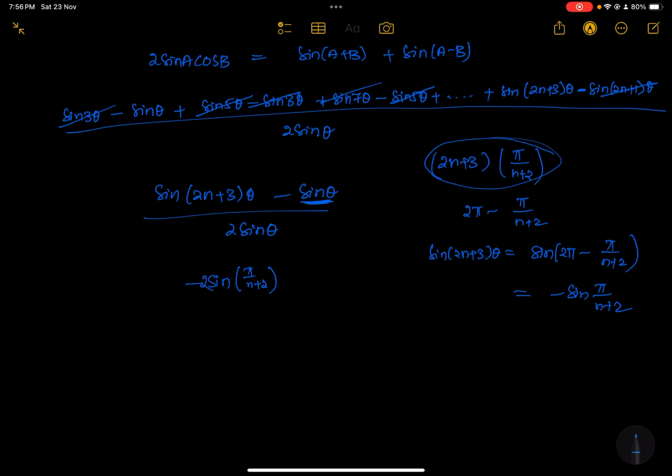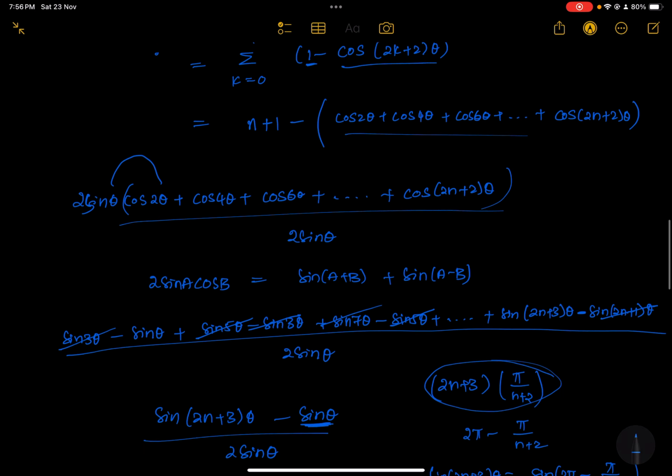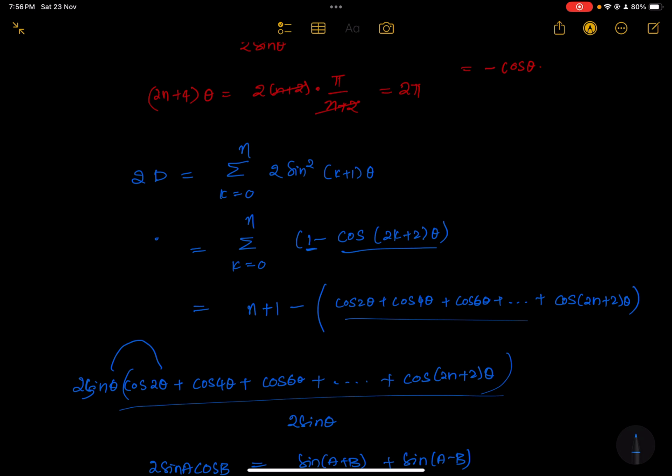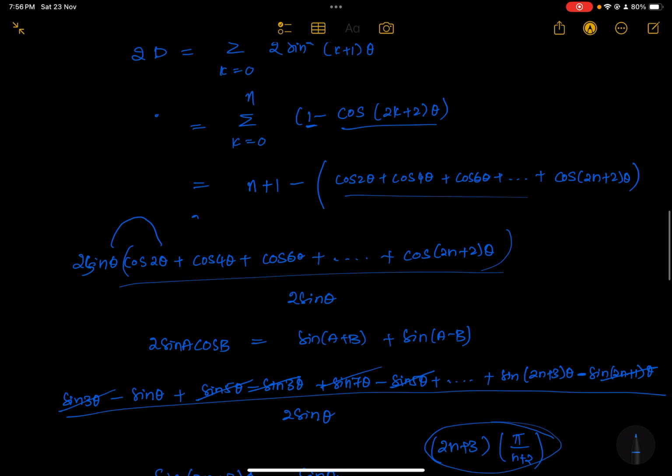So this is minus 2 sine pi by n plus 2, and the denominator is 2 sine pi by n plus 2. So this thing gets cancelled. This is just minus 1. So this summation is just minus 1. So 2d is equal to n plus 1 minus of minus 1. So that is just n plus 2.